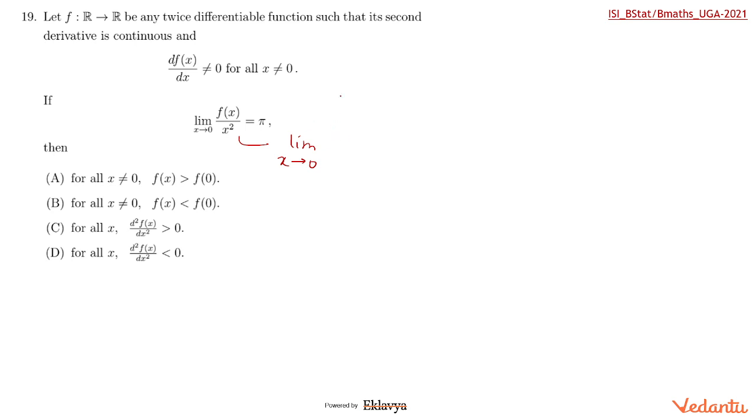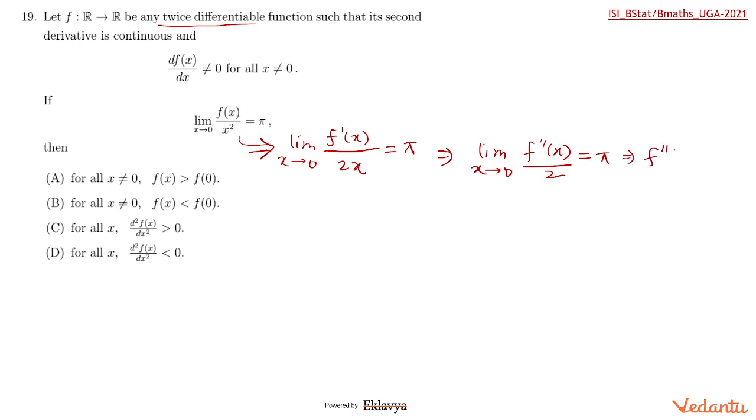So 0 by 0 फॉर्म है ये, और फंक्शन डिफरेंशिएबल है, ट्वाइस डिफरेंशिएबल इन फैक्ट. तो यहाँ पे हम ये कह सकते हैं कि f' if we differentiate by L'Hôpital's rule, 2x, ये आ जाएगा, ये भी पाई है। And similarly, इसको एक बार और, because denominator again is tending to zero, so 0 by 0 form maintain होने के लिए f'(0) भी 0 होना पड़ेगा, और ये फिर इस तरह से आ रहा है, f'' by 2 आ रहा है, तो it is pi, it means f''(0) is 2 pi.